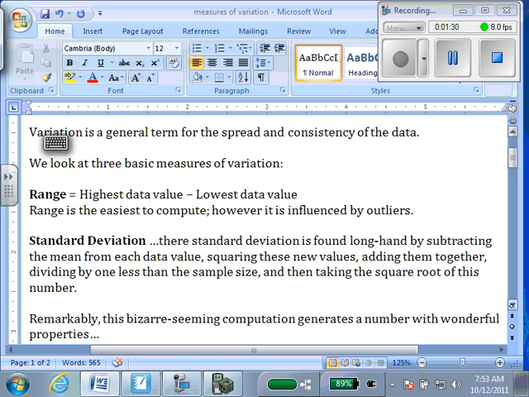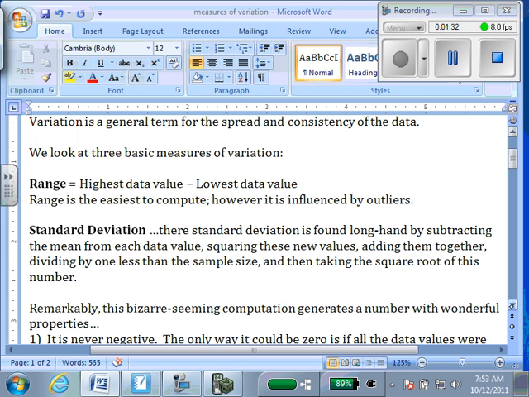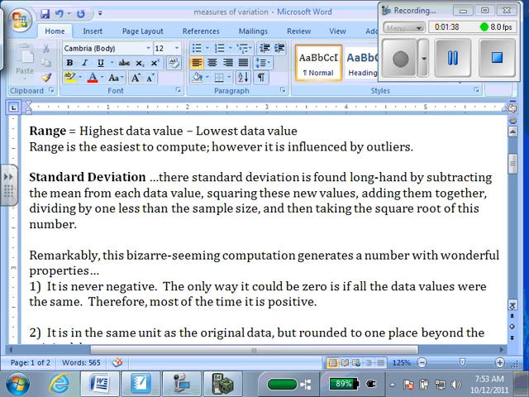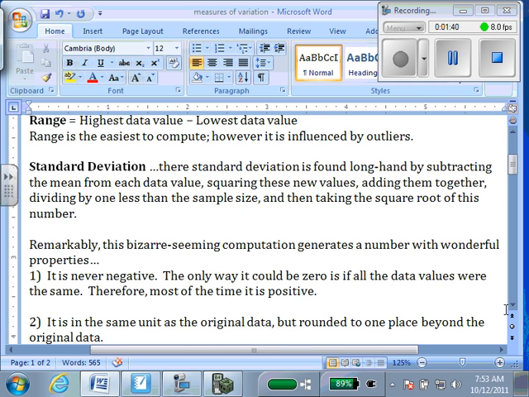Although this seems like a bizarre computation, your calculator can do it in a heartbeat, and it has some wonderful properties. First of all, because you took all those differences and squared them, added them, divided by something obviously positive, and then square rooted it, it's never negative. The only way it could be 0 is if all the data values were exactly the same.